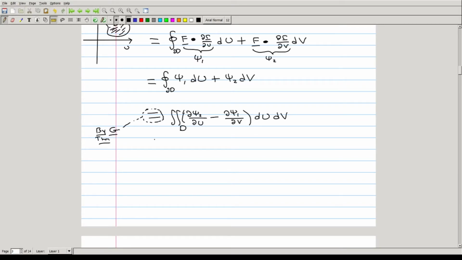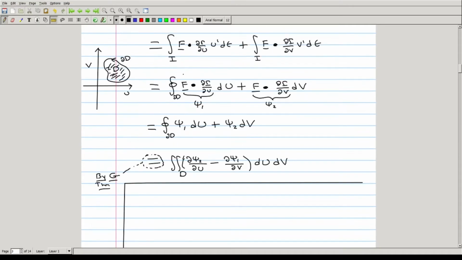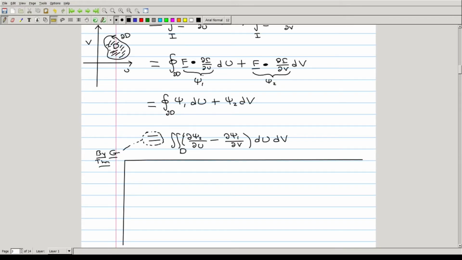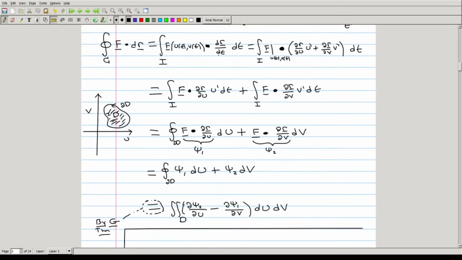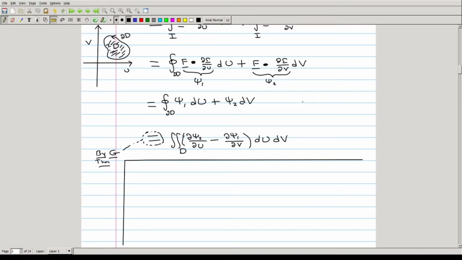And what I want to do before I go through and actually compute this is note a couple things. Remember that phi1 we've defined as being f dot dr du. And just for simplification purposes, I'll summarize some basic simplifications here.